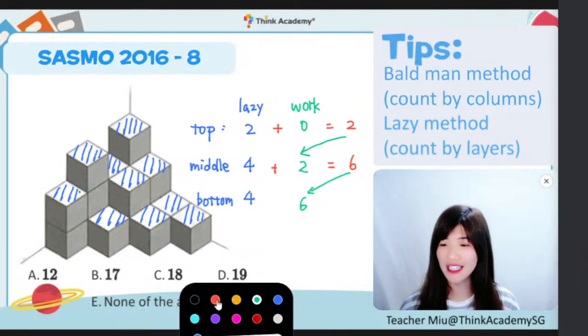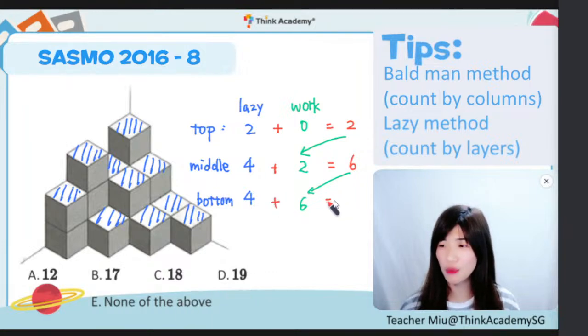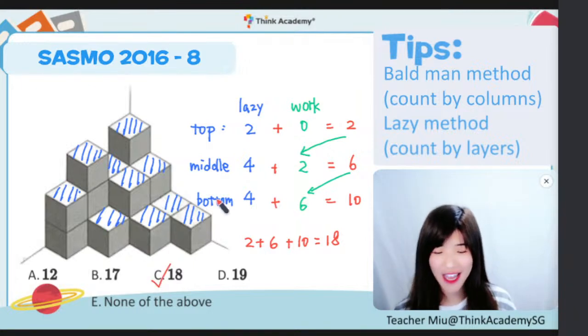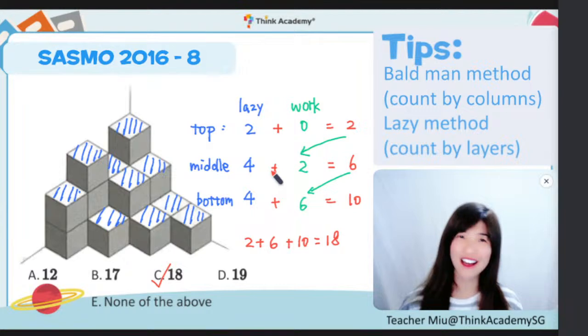So altogether, 4 plus 6 equals 10 cubes at the bottom layer. Altogether, 2 from the top, 6 at the middle, and 10 at the bottom, they shall be 18. We can get the same answer. That's how we can do counting cubes.